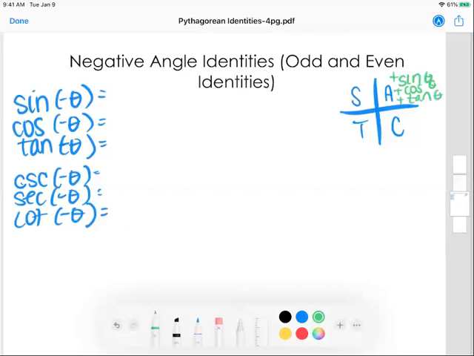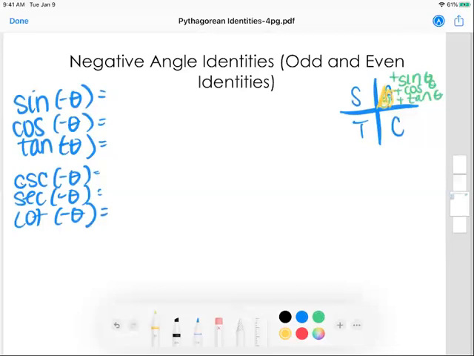So if I had a theta value, which is just an angle, remember it comes up from the positive x-axis, and a positive angle is going to rotate up. So maybe a different color. There's theta there rotating up.